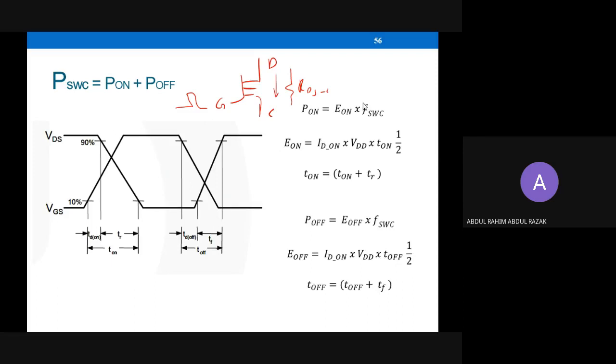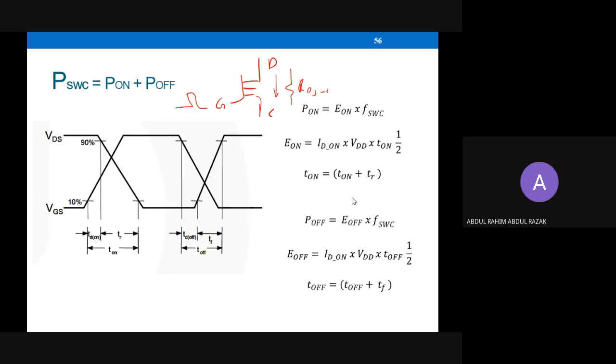P on is the energy of switching on times how many times you switch in one cycle, which is the frequency. This E on is the current delivered through the circuit during the on stage times the VDD here, divided by 2, times T on. T on, you can take as T delay on plus T rise from the datasheet. Each datasheet will provide you the performance of these two values.